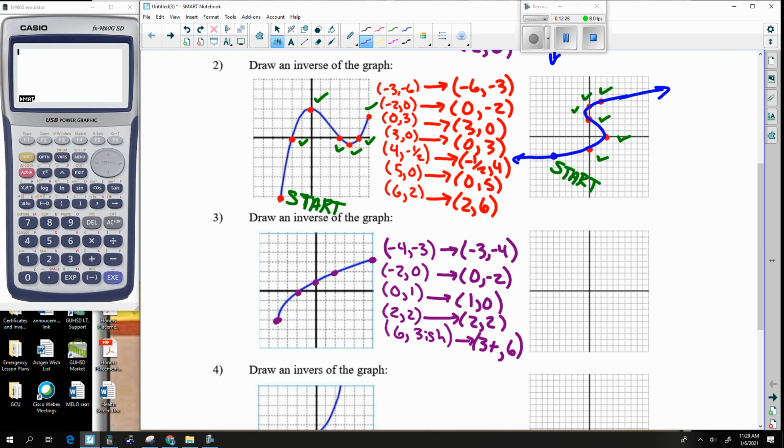All right, so again, go in order. -3, -4, 0, -2, 1, 0, 2, 2, and 3-ish, 6, a little bit above 3.